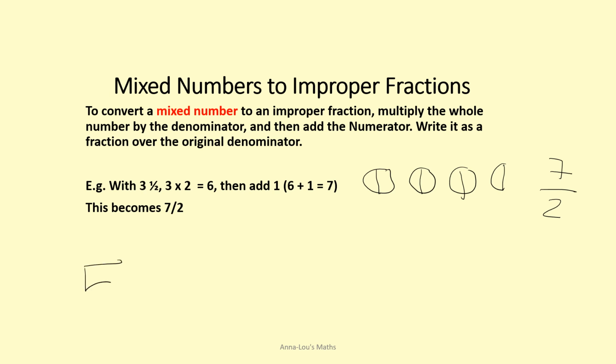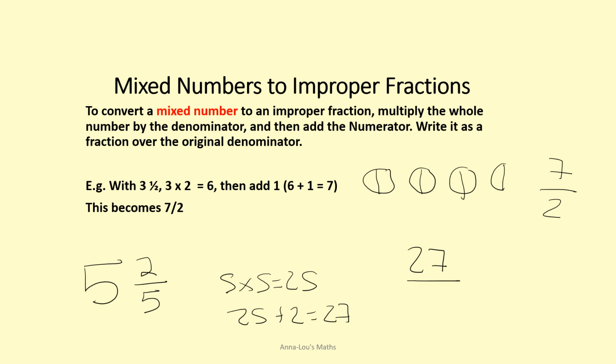So let's do another one together. Let's say I have 5 2/5. So 5 times 5 gives me 25. So my big number times my bottom gives me 25. Add my top, 25 plus 2 gives me 27. So in total, I've got 27/5.